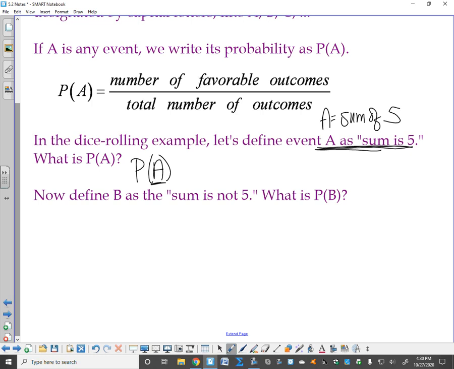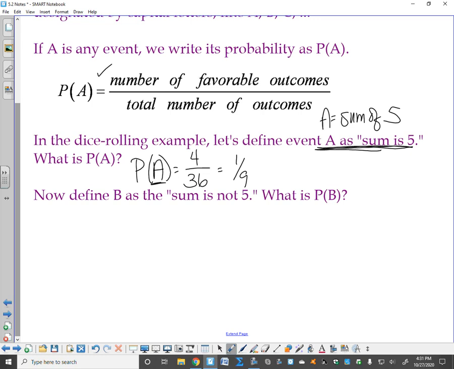So the probability of event A happening is the number of favorable outcomes. Well, it could happen 4 different ways. That is the number of favorable outcomes over the total number of outcomes. Well, we already said there were 36 in the sample space. And then we would reduce that.